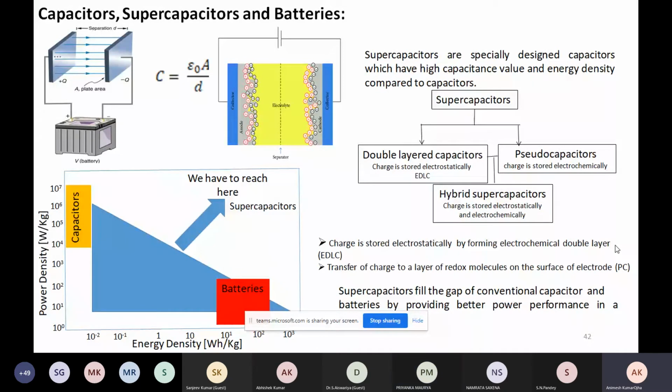That is a really good question. See, device is a different part. If you have an electrode and you are characterizing it, studying its electrochemical properties, then you have not prepared or designed it as a device.